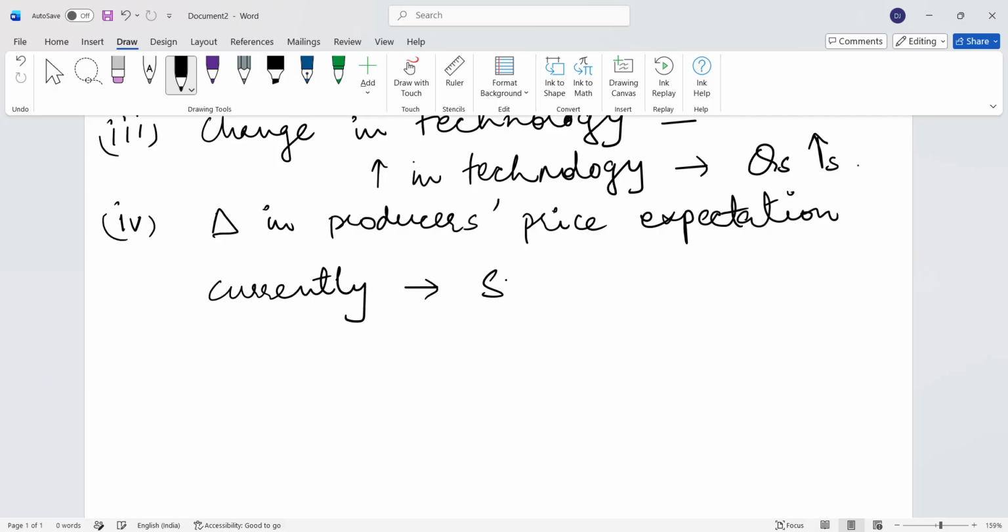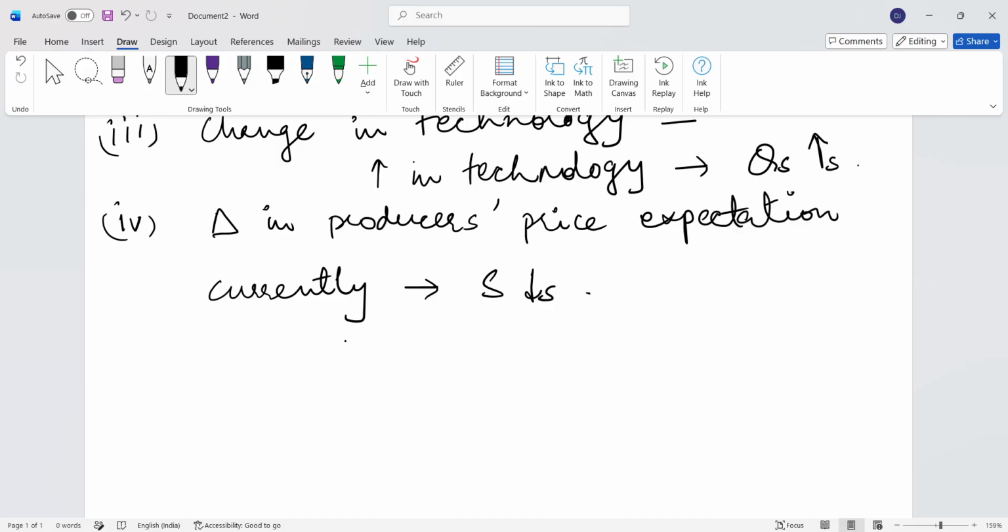Currently the producer will supply less if expecting a higher price in the future. Why? Because since a higher price is expected, he will be earning more profits in the future by supplying the product. So he will reduce the supply currently.